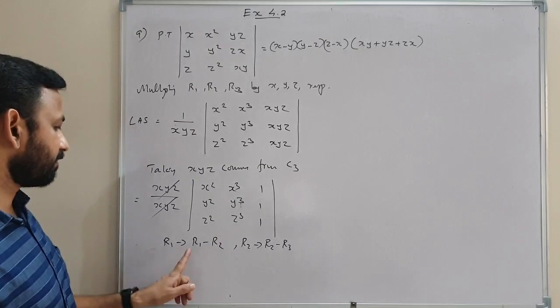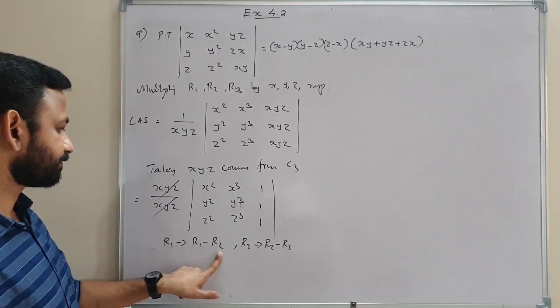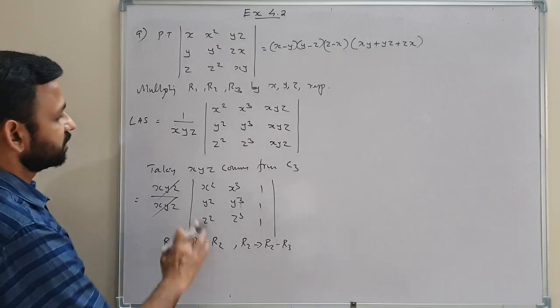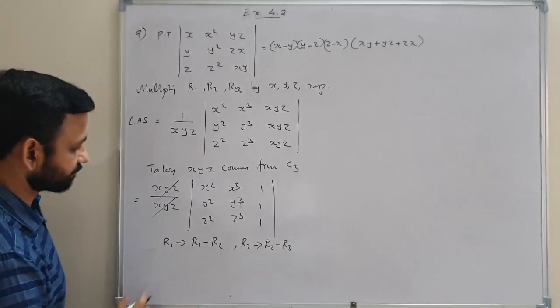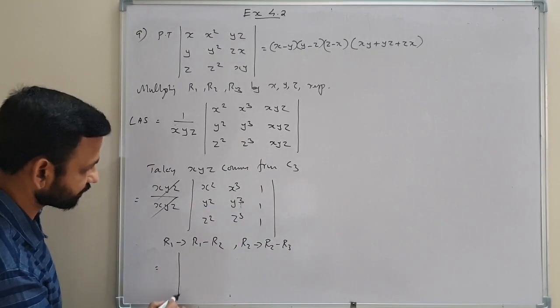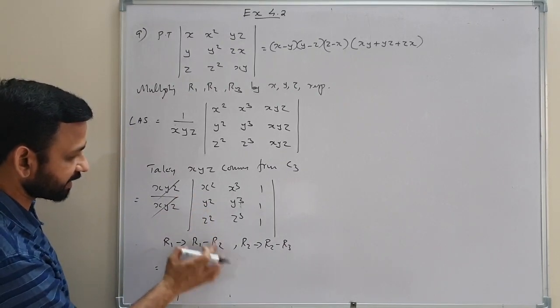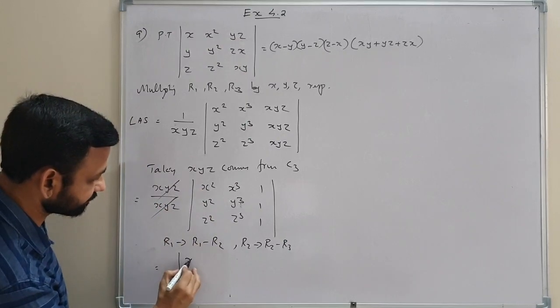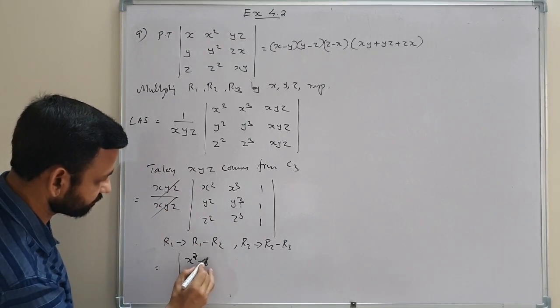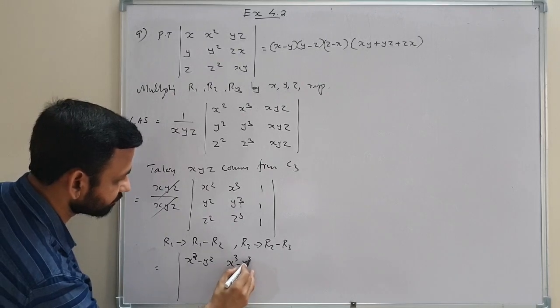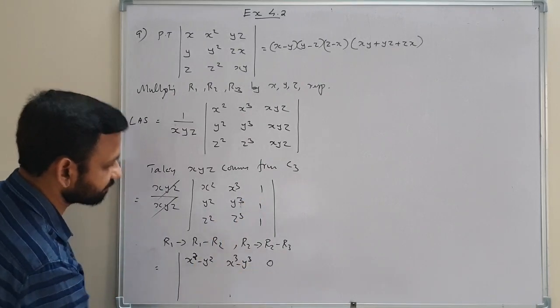When we do that, R1 becomes x square minus y square, x cube minus y cube, 1 minus 1 is 0.